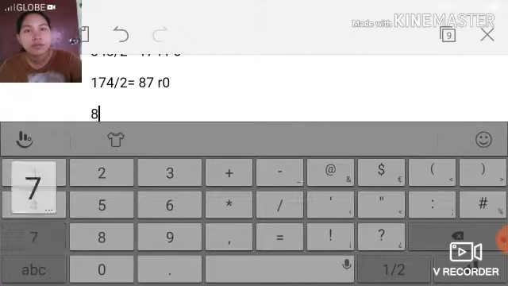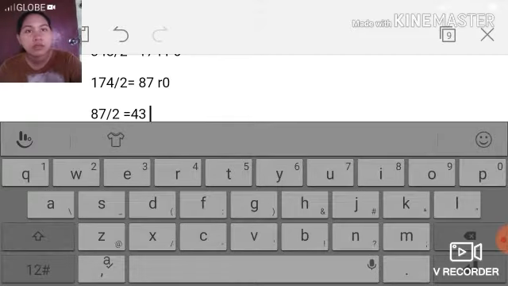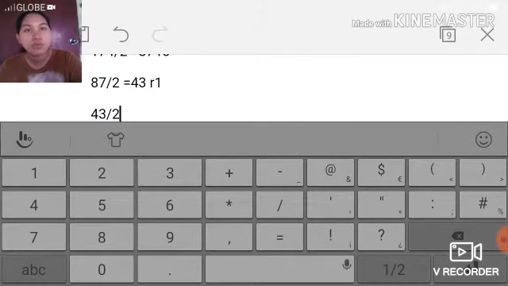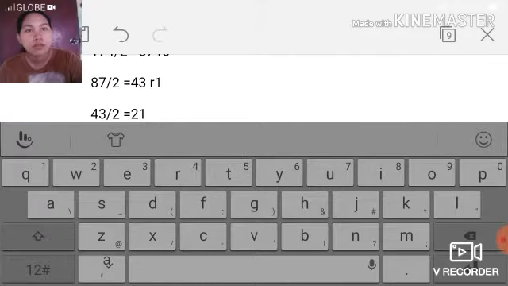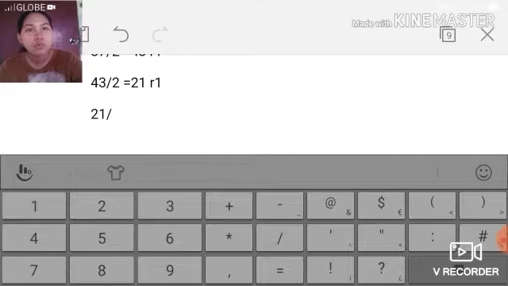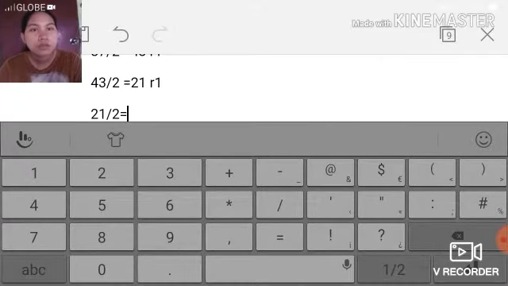And 87 divided by 2 equals 43, remainder 1. 43 divided by 2 equals 21, remainder 1. 21 divided by 2 equals 10, remainder 1.